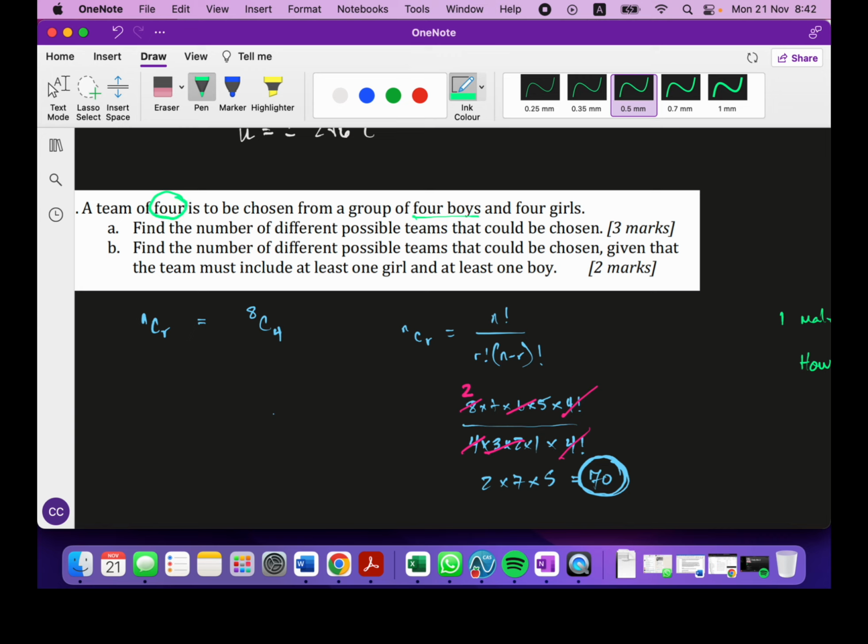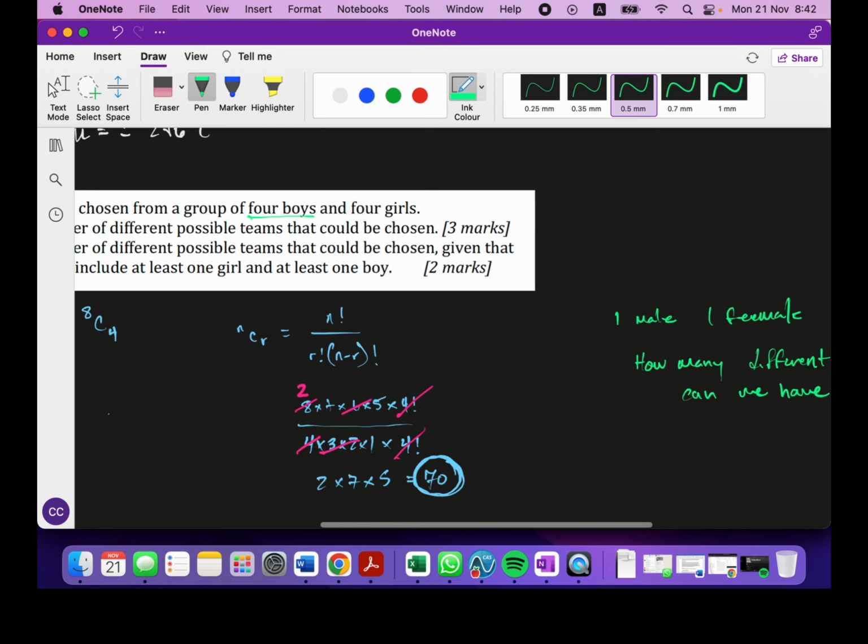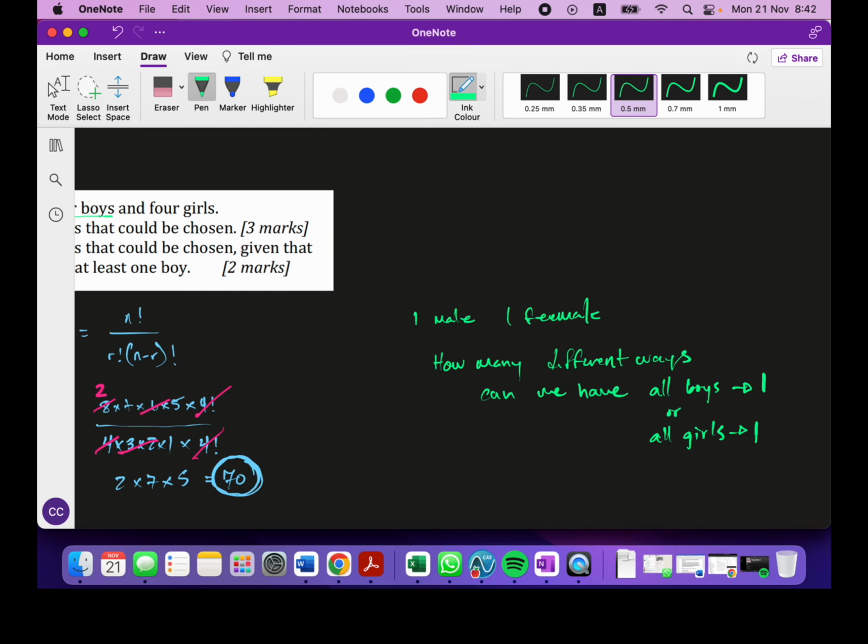It doesn't matter if boys A, B, C, and D are chosen, or D, B, C, and A. The team is just made up of all 4 boys. There's only one way of doing that, and similarly only one way with girls. Now, if there were 5 girls, that would change the ways that we could organize that. But right now, there's only one way with girls and one way with boys.